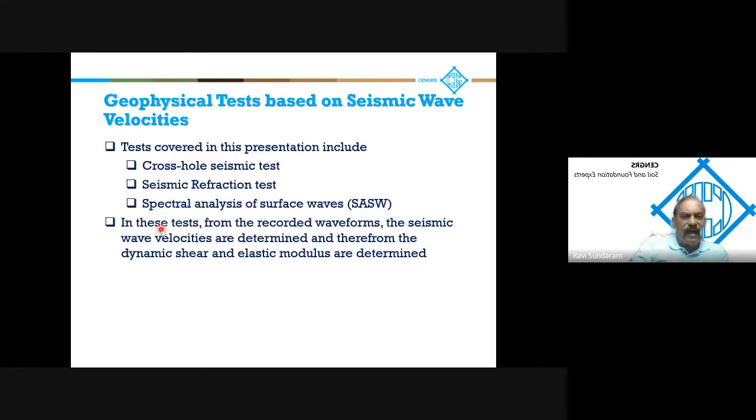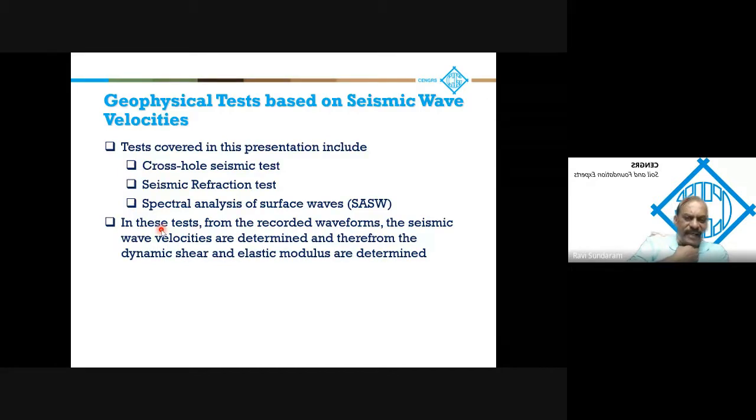I move on to seismic wave velocity tests. These are geophysical tests based on seismic wave velocities. These tests include the crosshole seismic test, seismic refraction test, and SASW. These are the tests which I will be covering here.